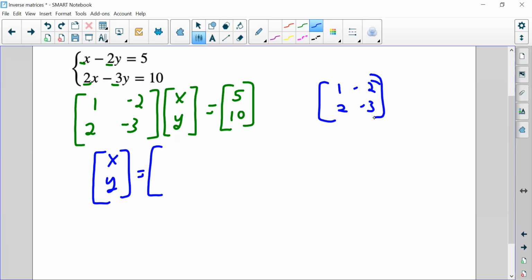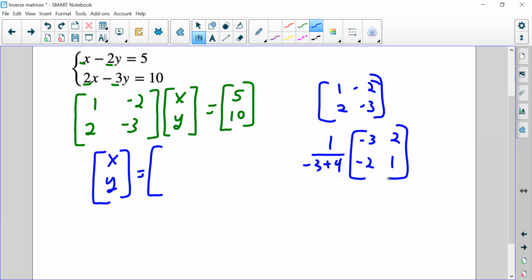How can I find the inverse of that? 1 over -3, multiplying the diagonal down times the diagonal up, minus a -4, over -3 to -2, 1.